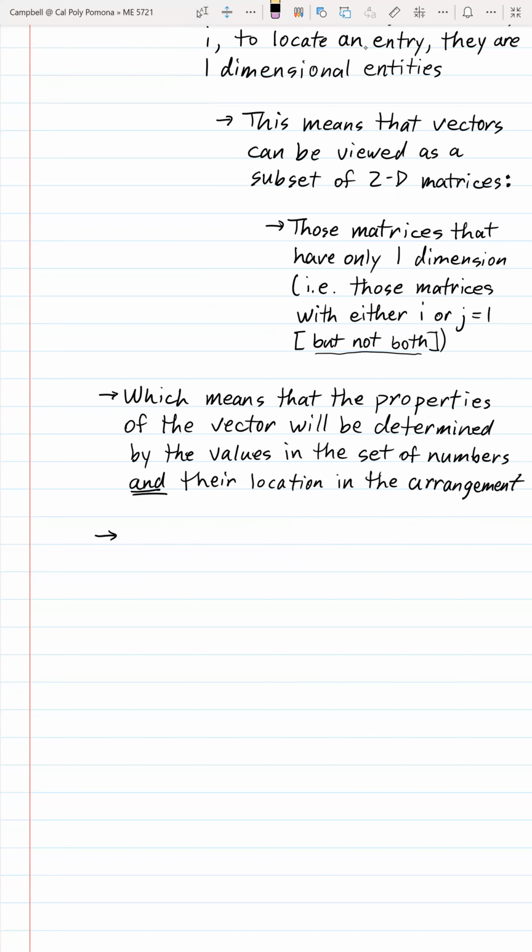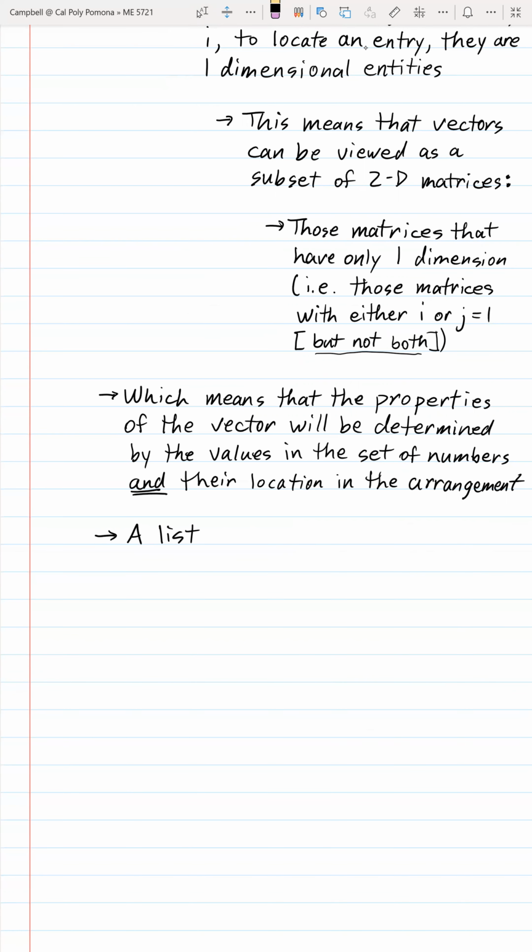So since we have a single list of numbers, it turns out that in this context of matrices, there are a couple ways we can represent those lists. Let's go ahead and look at both of those ways.